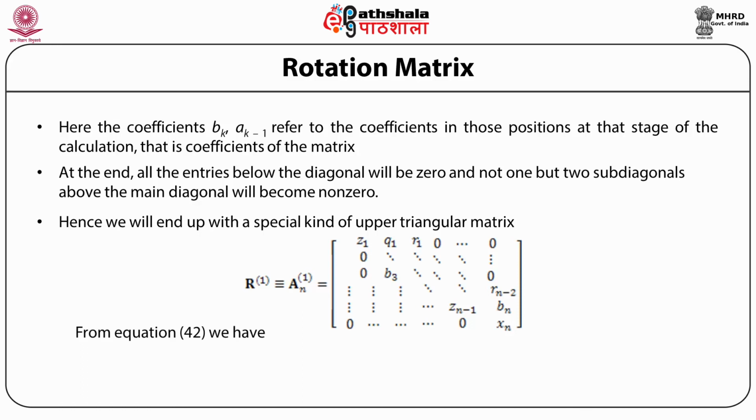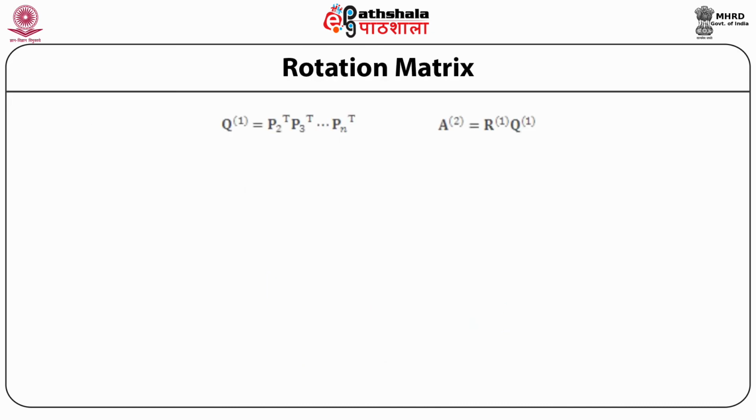So, from the equations we have Q1 transpose equals Pn into P(n minus 1) up to P2, and on taking the transpose we have Q^(1) equals P2 transpose into P3 transpose up to Pn transpose. A^(2) equals R^(1) into Q^(1).